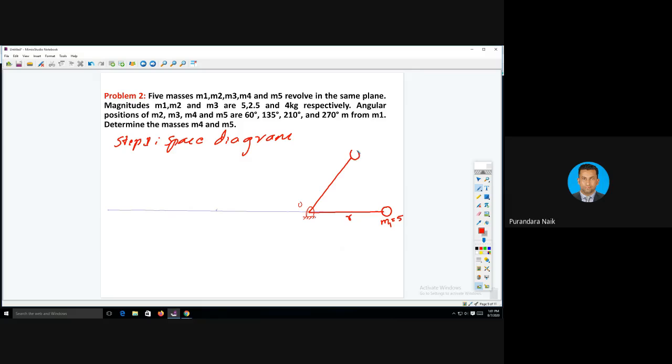Here, this is M2 and it is equal to 2.5 kg. But what is the angle? Angle is 60 degree. So radius is R, same.